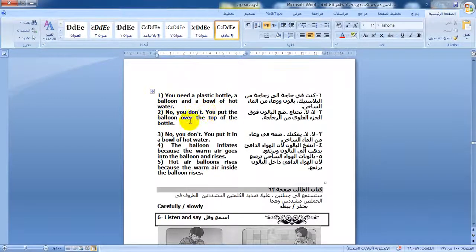You put the balloon over the top of the bottle. 3. No, you don't. You put it in a bowl of hot water. 4. The balloon inflates because the warm air goes into the balloon and rises. 5. Hot air balloons rise because the warm air inside the balloon rises.